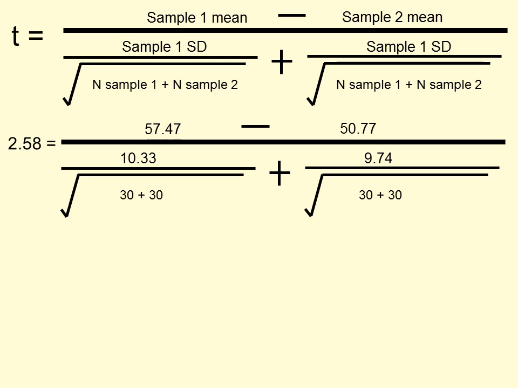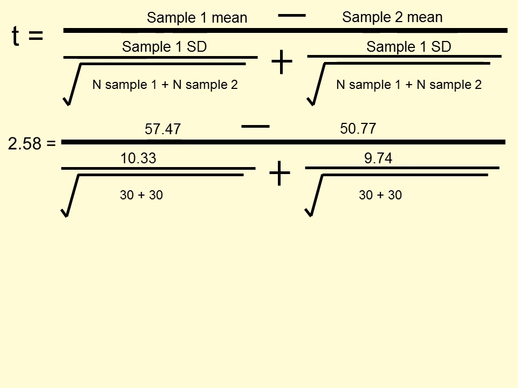So let's plug those numbers into our formula for calculating the t statistic. The sample 1 mean goes here. Sample 2 mean goes here. Sample 1 standard deviation is in there. Sample 2 standard deviation is here.